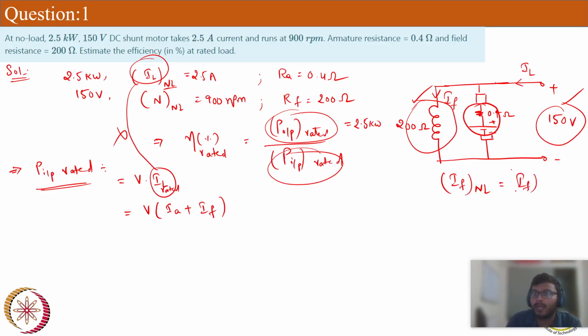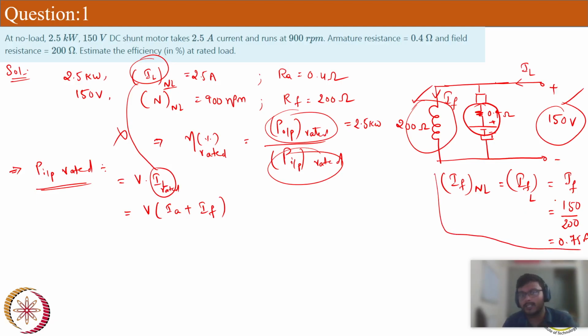IF at no load and IF at any load is always the same. How much is this current? Voltage 150 by 200. It is 0.75 amp. This is the field current, and it will be the same for any kind of loading condition.